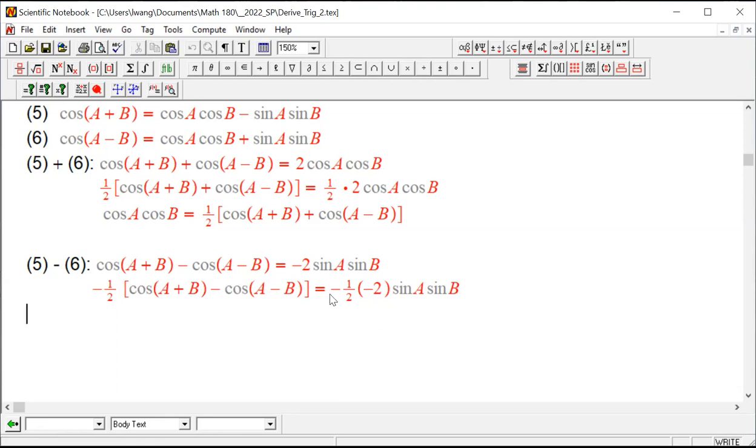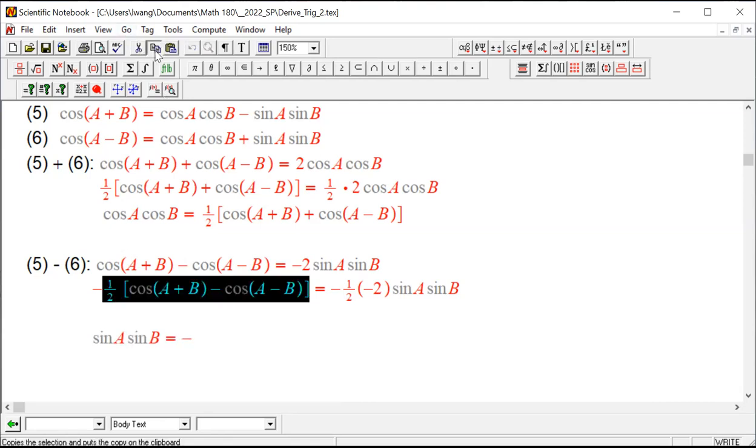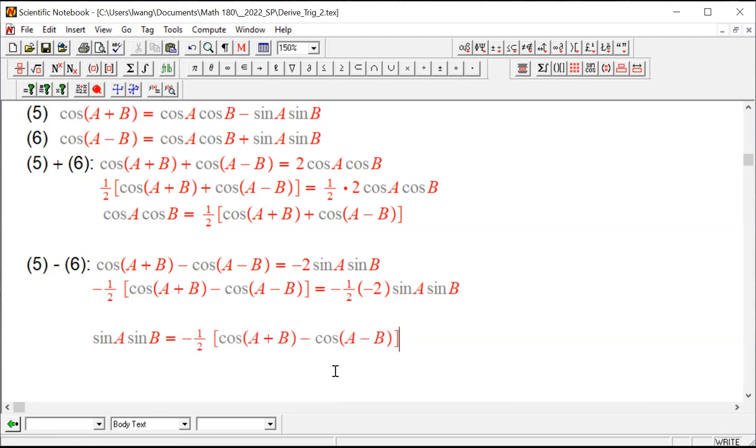As a result, negative half times negative 2 equals 1. So sine A sine B is equal to negative half multiplied by that difference.